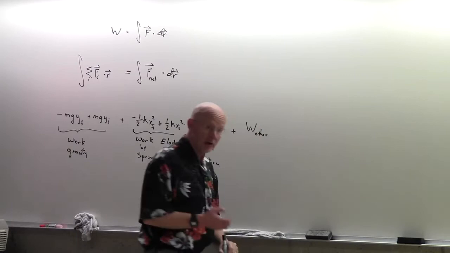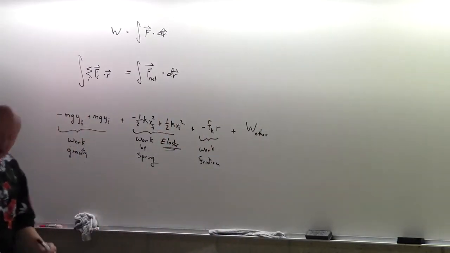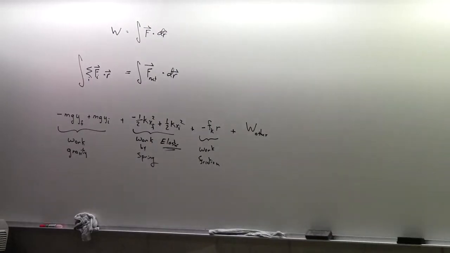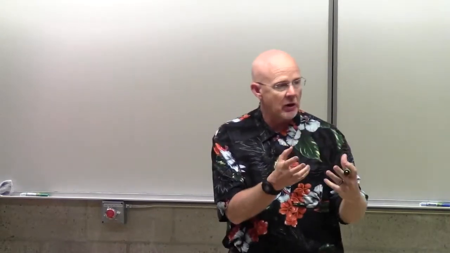An example you'll see today will be one with a bullet being pushed down the rifle barrel. That force comes from the expanding gases of the gunpowder. So there's an example of another force besides a spring and besides gravity.